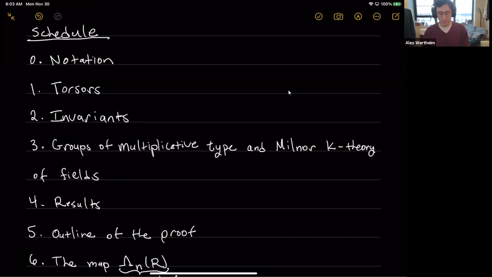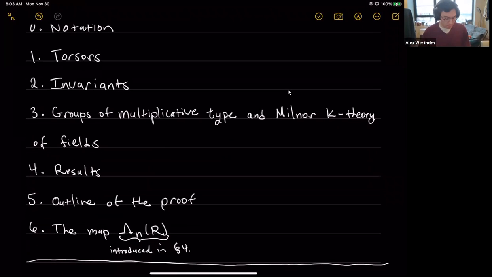And so in section 3, I'll introduce the class of groups and the specific functor I'm interested in. In section 4, I'll get to the good stuff, namely the results of the paper. And then sections 5 and 6 will be devoted to a bird's eye, broad view of the proof, with section 6 being devoted to examining a map which will be first introduced in section 4.